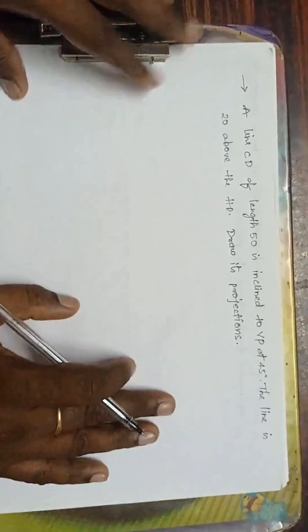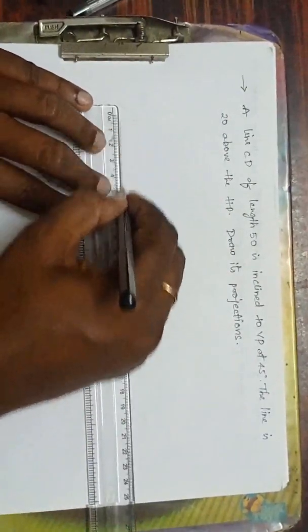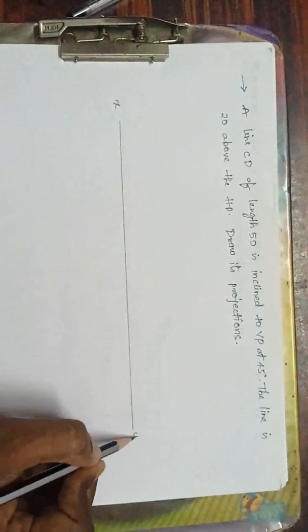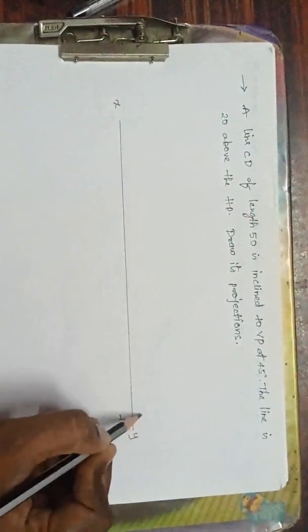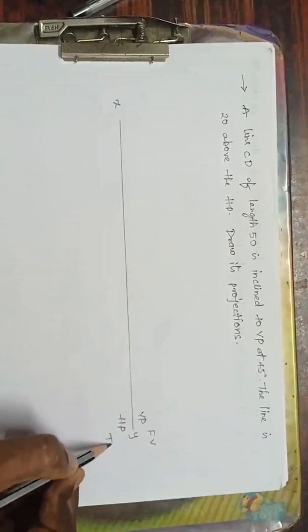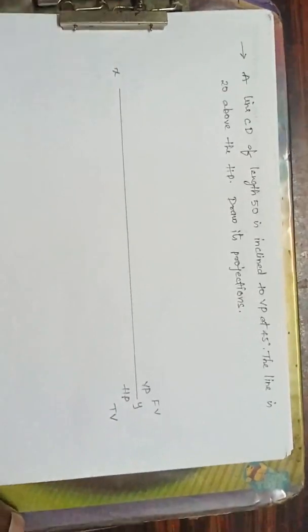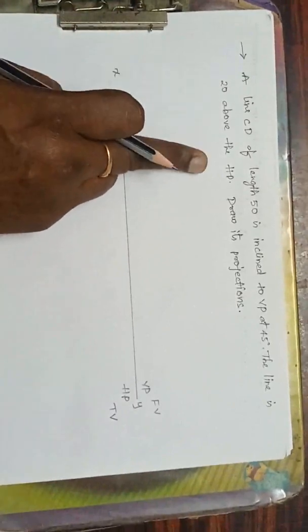Fine. Now, first what we have to do, we have to draw the XY line immediately. This is the XY line. This is HP and this is VP. Now what he has given: he said 20 above the HP.